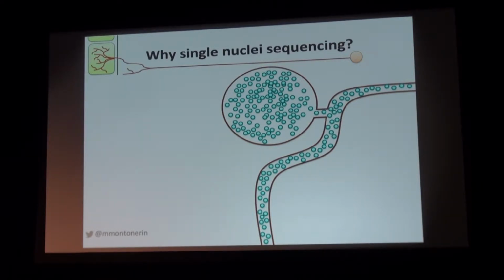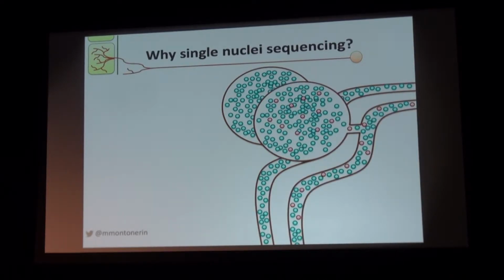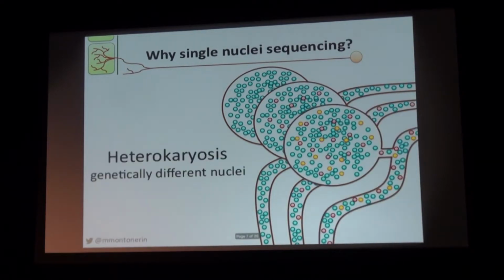And this can lead to thinking how they can deal with the possible variations that occur in the genome, because there is no bottleneck. After generations, we could arrive at a point where variations get accumulated, and then we would have a heterokaryotic organism with genetically different nuclei.